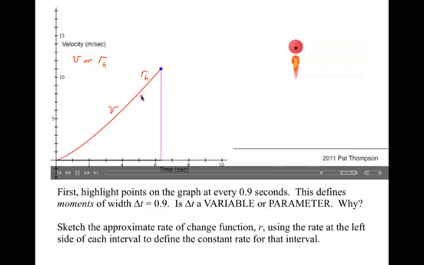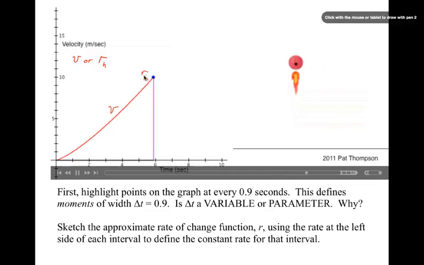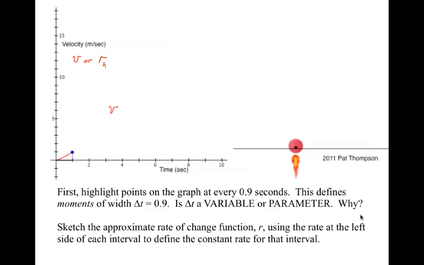Either one. Those are both what we're using for the exact rate. Approximate rate is just plain old R. Don't do anything else. You're just working on the approximate rate.